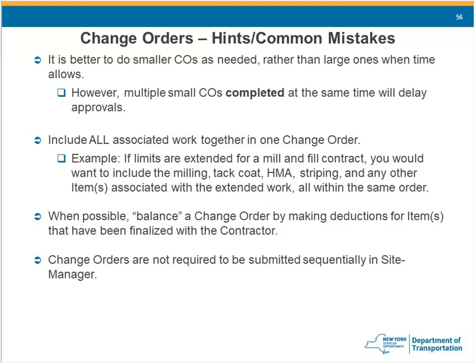It's one explanation: milling and paving limits were extended beyond station 75 plus 100, for whatever reason. That'll be in your explanation. One explanation for half a dozen items, that's easy.